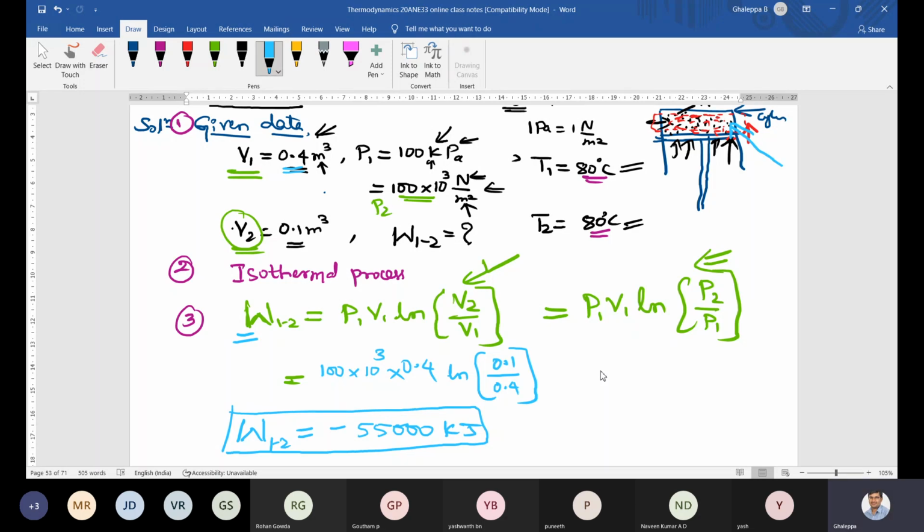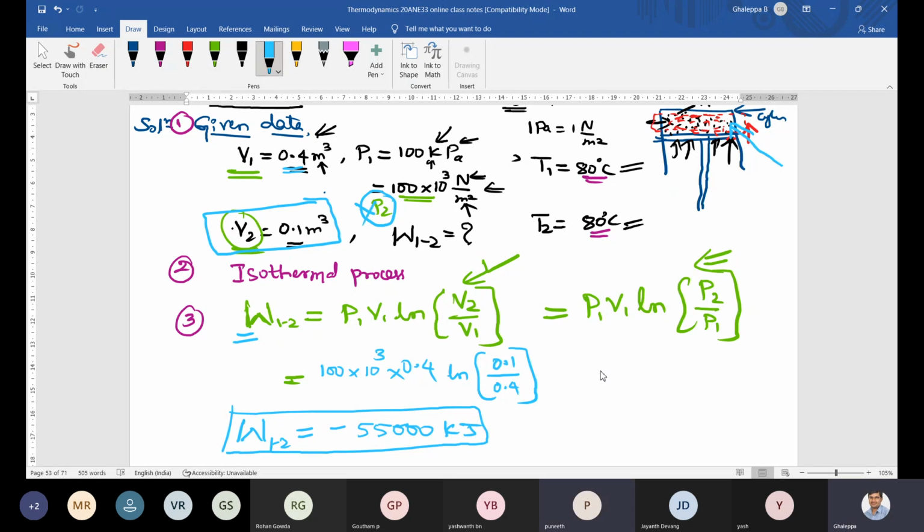Okay, dear students, what I do is I will remove this V2. Let us assume that V2 is not given. How will you calculate V2? Second equation, sir, P1 V1 ln P2 by P1. No, P2 is also not given. Let us assume V2 is also not given.